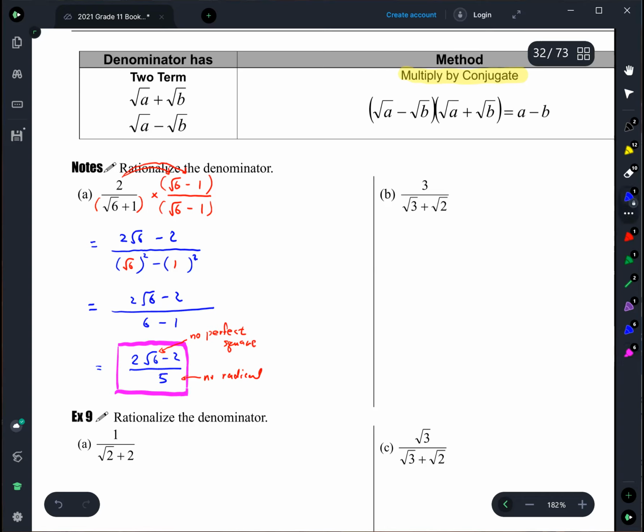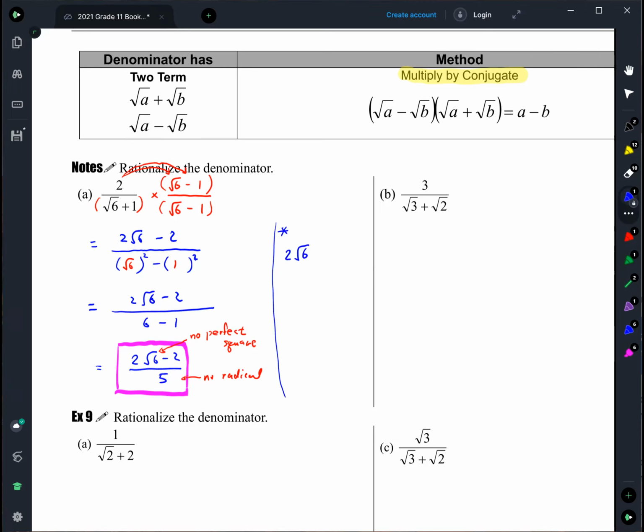Okay, now on the side, I want you to make a note. If at the end you get something like this, let's say 2 root 6 minus 3 over 4, I'm just making up, okay?